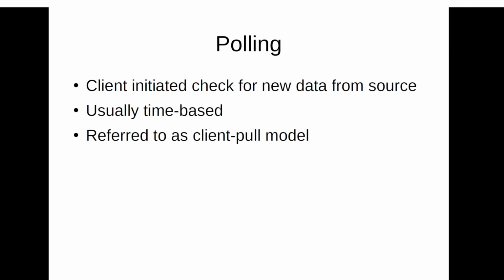A pull model is where the client, or the mobile application running on a mobile device, reaches out to the internet-based service, requesting new data and then pulling it in to be used by the application. This is oftentimes referred to as polling, where the polling implies that that check occurs on a frequent and recurring basis.